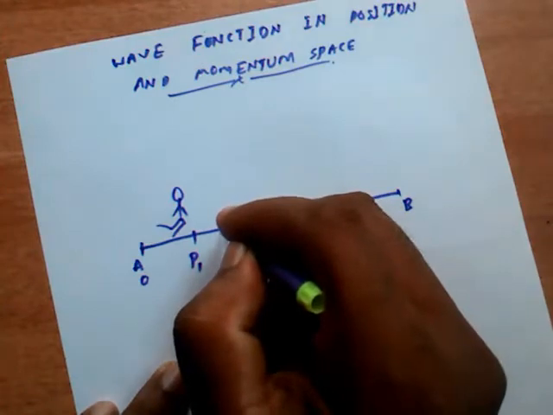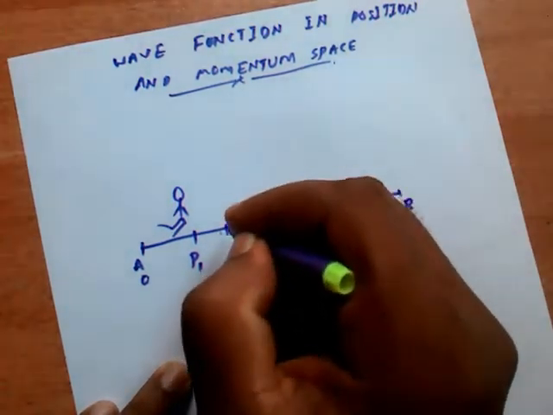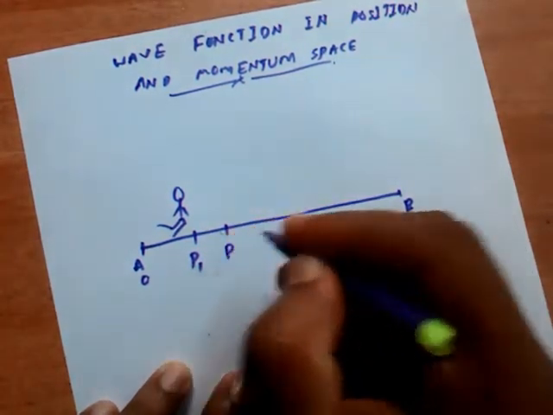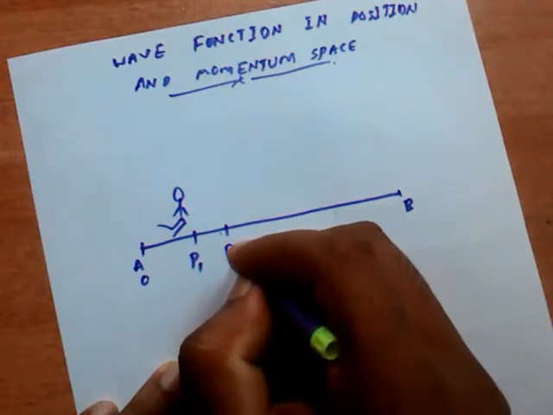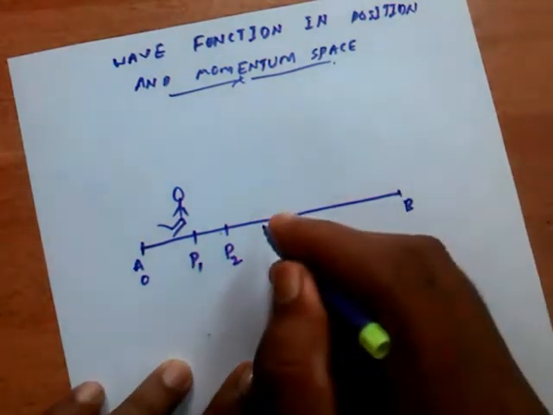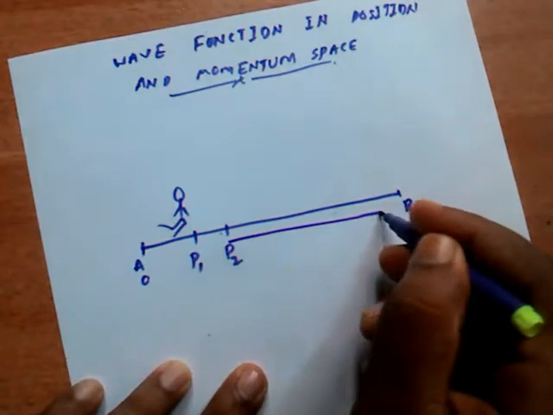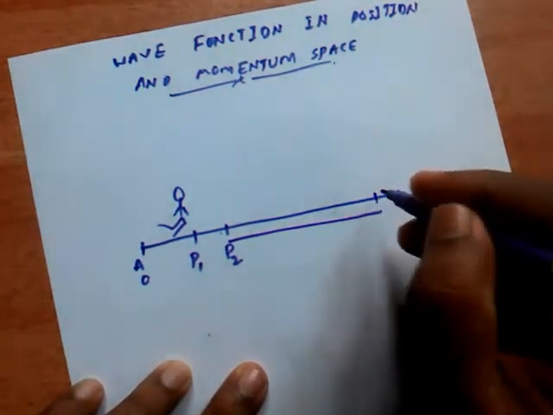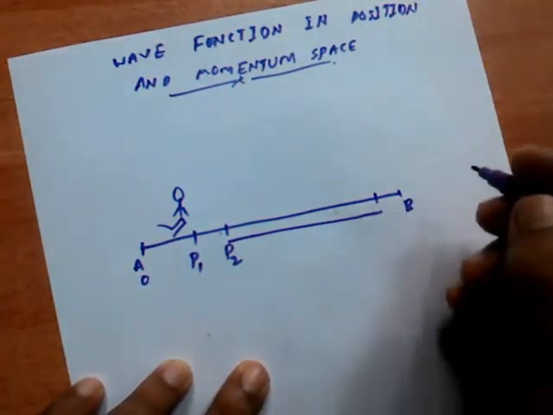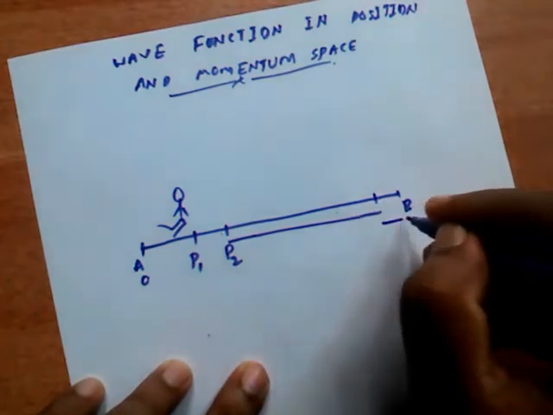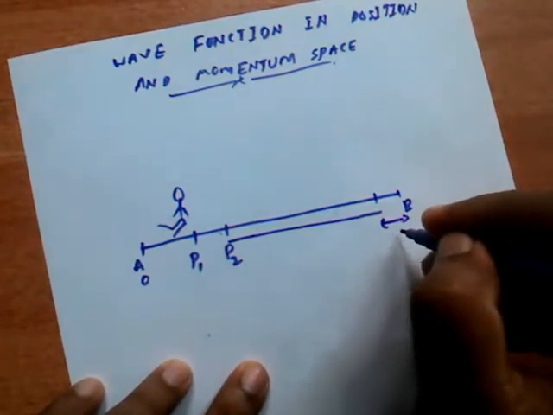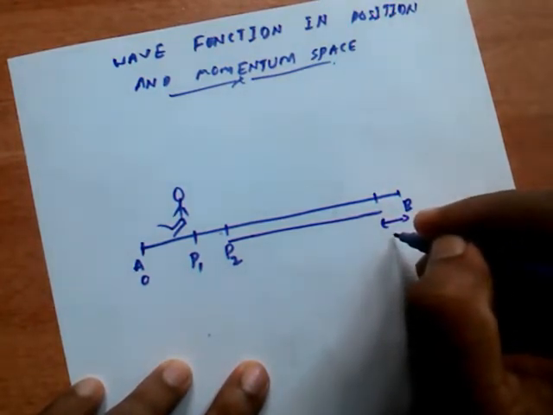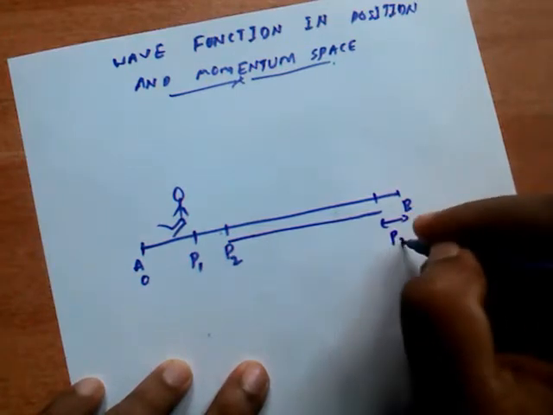The velocity is reducing when he reaches here, and the corresponding momentum is p2. With this p2 momentum, he is running from here this much distance, and then he's running with another velocity and the corresponding momentum is p3.